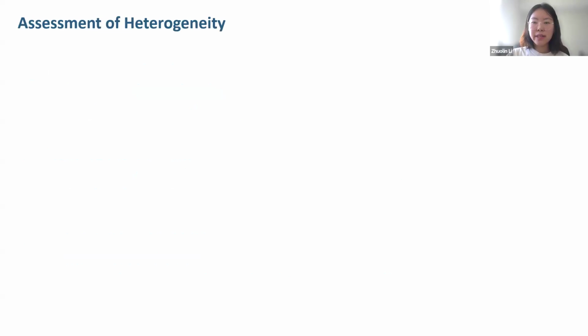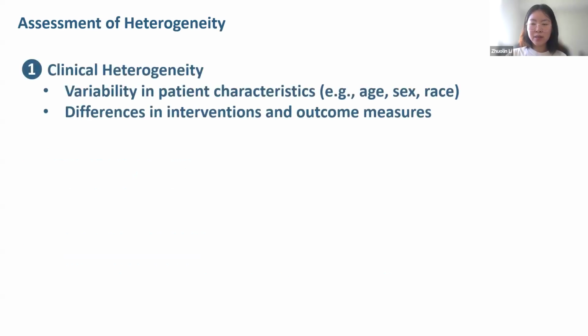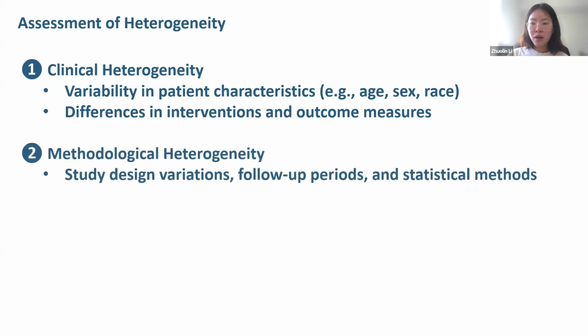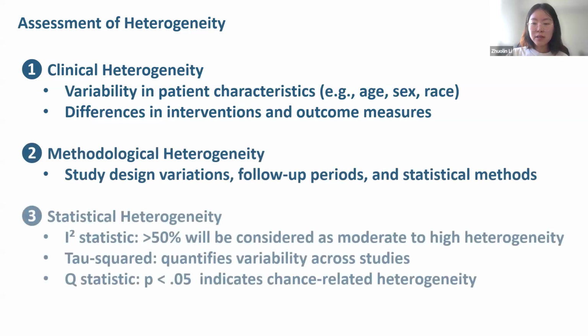The heterogeneity will be assessed in 3 domains. First will be the clinical heterogeneity, which includes the variations in the patients' demographics and treatments. Methodological heterogeneity considers study design differences, while the statistical heterogeneity is quantified using metrics like I-square, tau-square, and Q statistic.